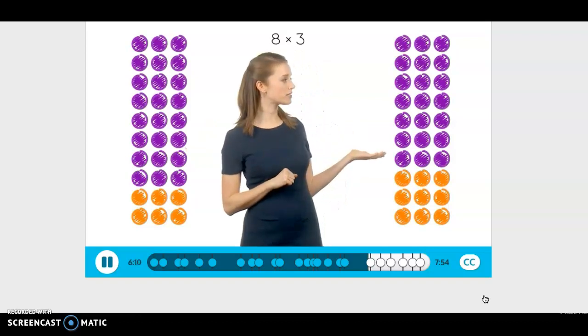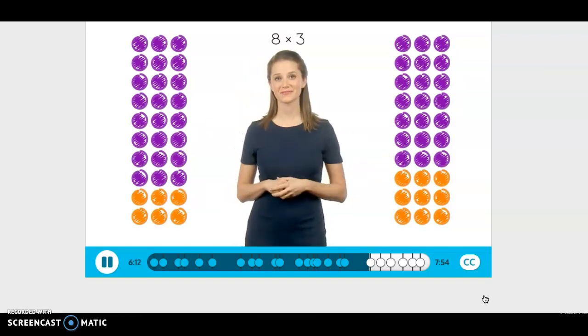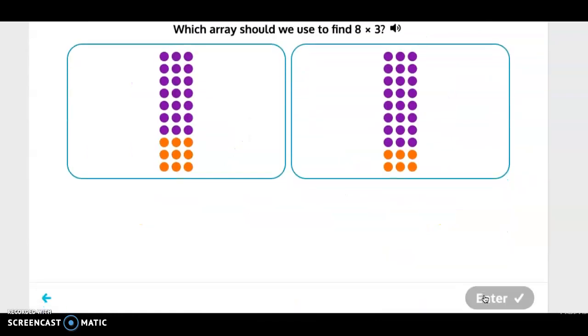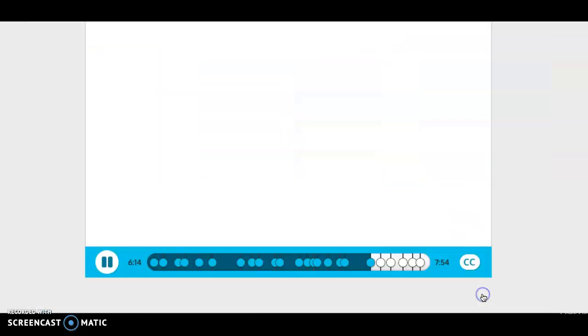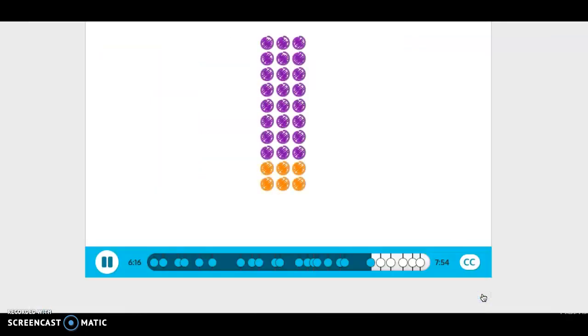Or is it 10 threes minus 3 threes? Which array should we use to find 8 times 3? We'll use this array to find 8 times 3.